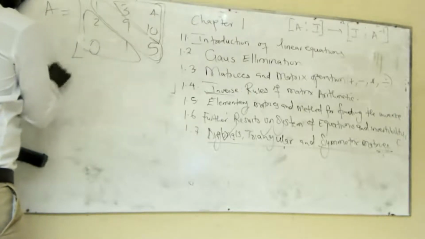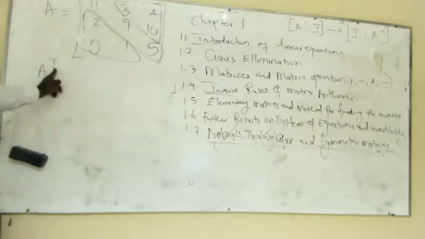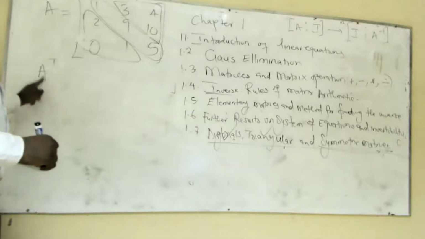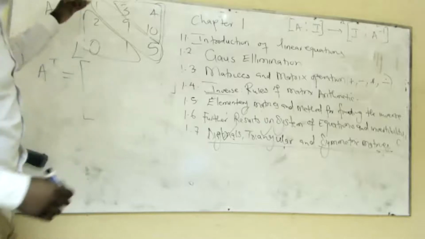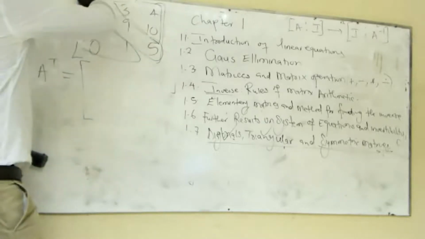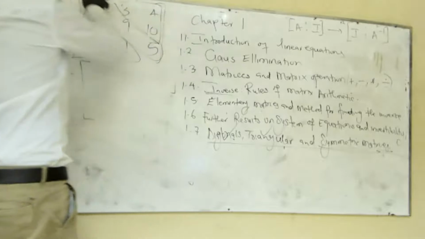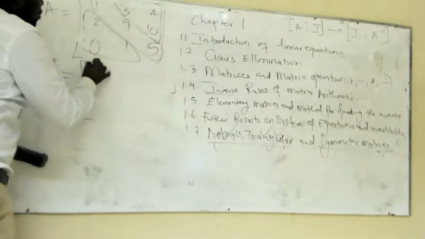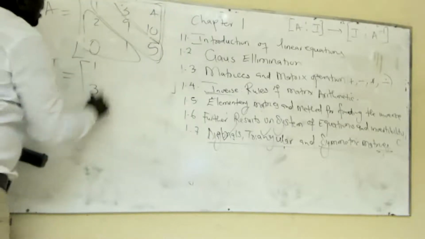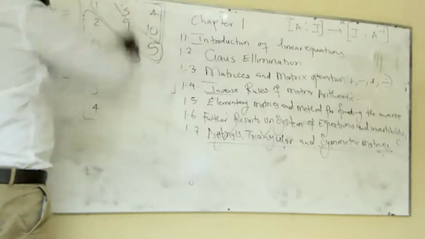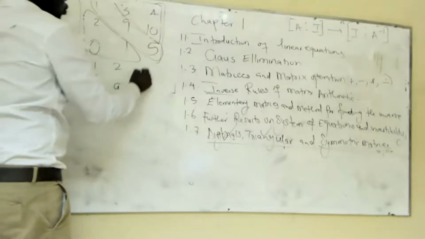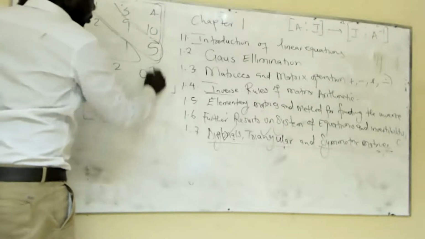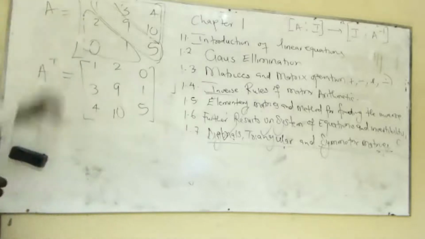If we are transposing, we indicate it by a capital letter T written on top of A. So A transpose is equal to, and now we change the rows to be the columns, which simply means that the first row is going to be the first column. So we're going to have 1, 3, 4, and then the second row changes to be a column, so it's going to be 2, 9, 10, and then the last one is going to be 0.